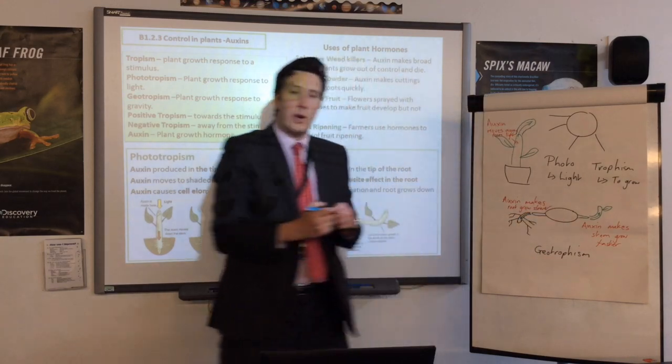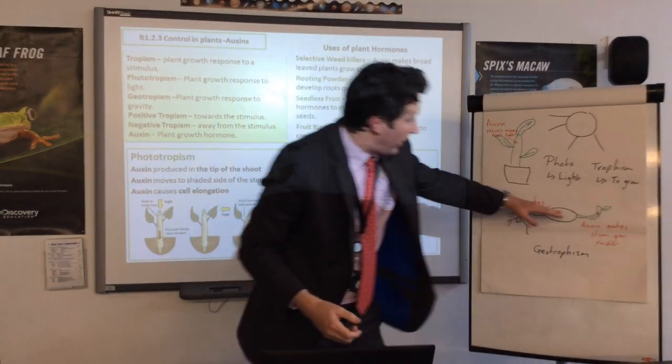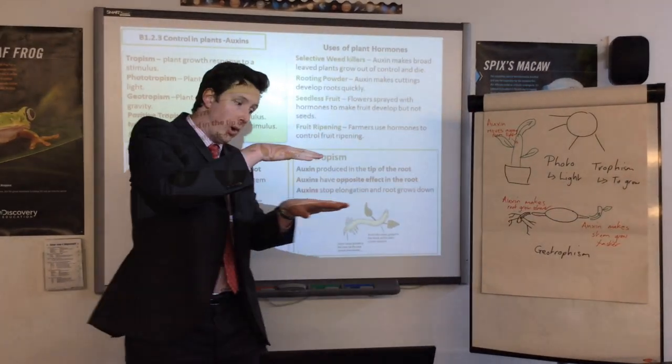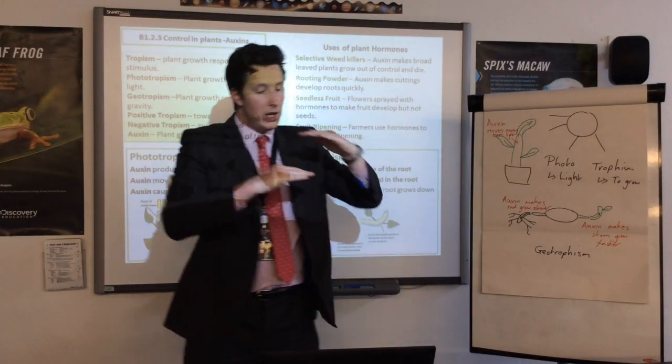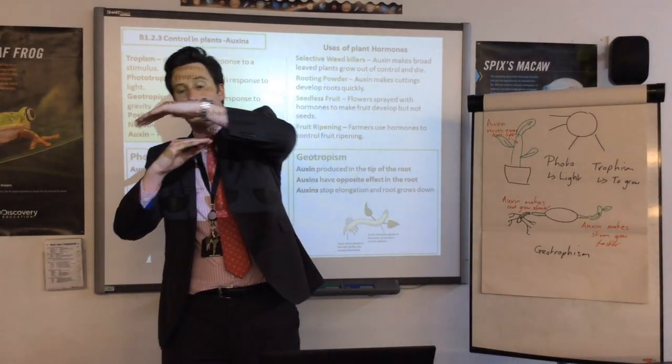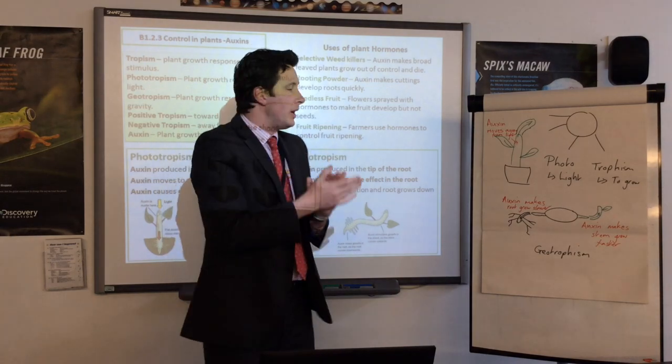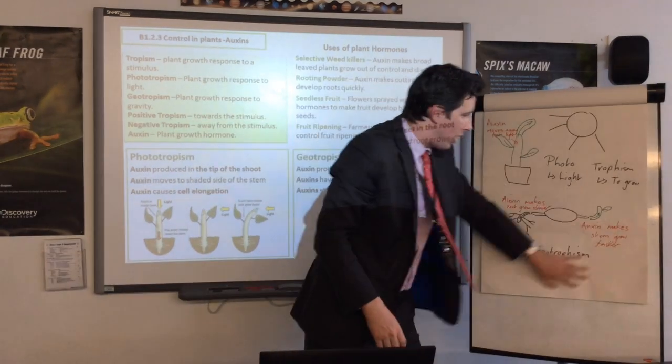Okay, and that's what actually causes it to bend up as the bottom of it grows faster, curves up, and then grow down as the bottom grows slower, it curves down. Okay, this is really a high level topic.